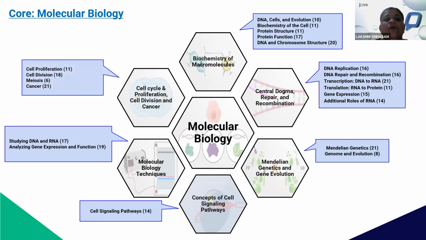And finally, we have chapters 17 to 20 discussing cell cycle proliferation, cell division, and cancer. Here we have chapters that discuss in great detail the cell cycle, the initiation of the cell cycle, various steps inside the cell cycle, mitosis, meiosis, and also all the basics about cancer biology.